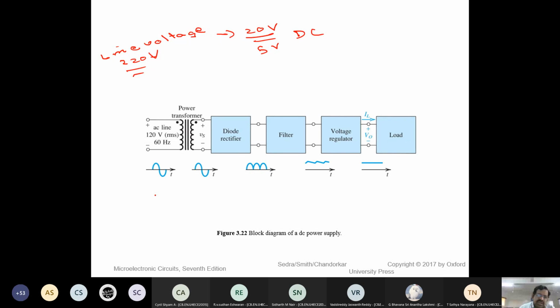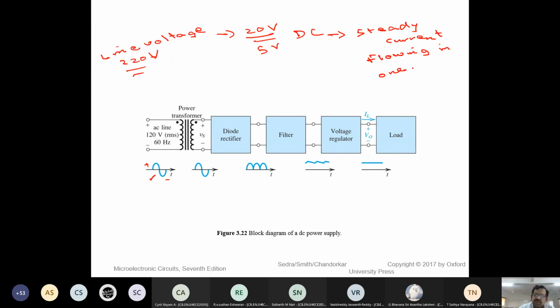Here it is an alternating signal, which means you have a positive cycle and a negative cycle. Whereas we want DC, which will give steady, constant current, flowing in one direction.